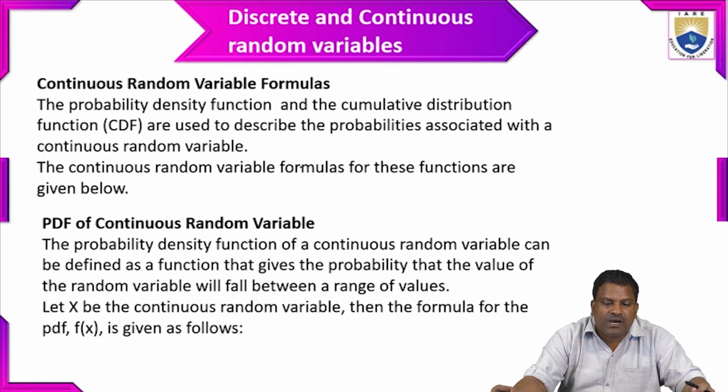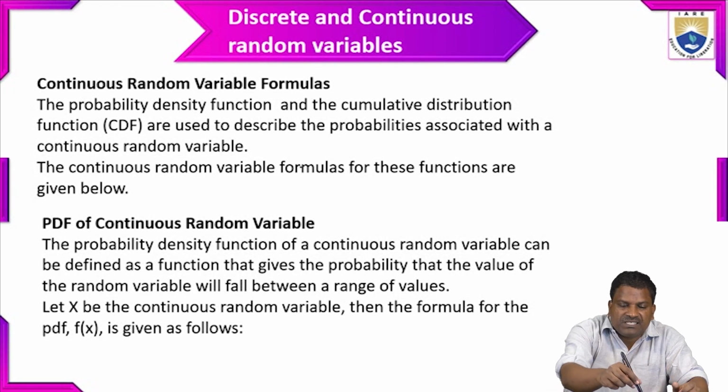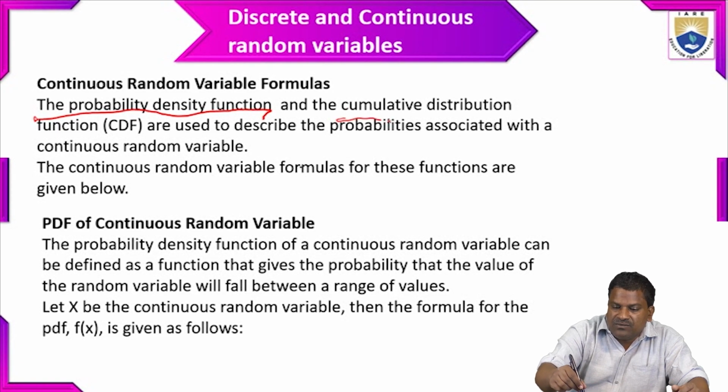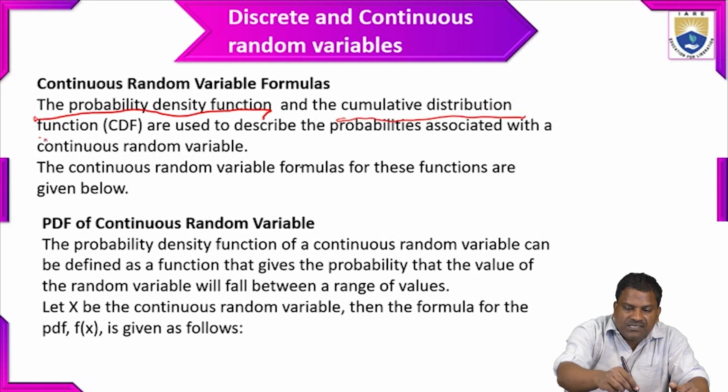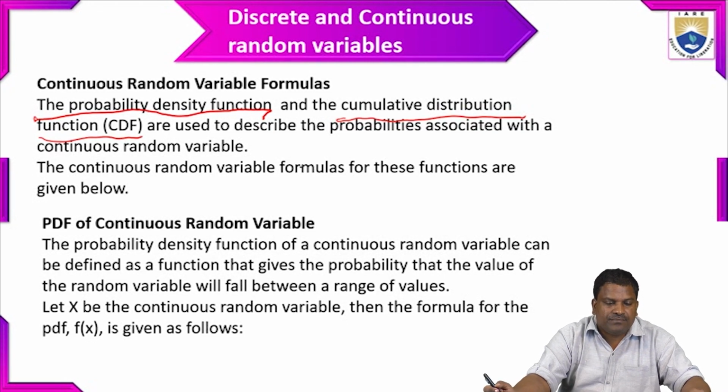Now let us see some formulae about this continuous random variable. The probability density function PDF and the cumulative distribution function CDF are used to describe the probabilities associated with a continuous random variable.